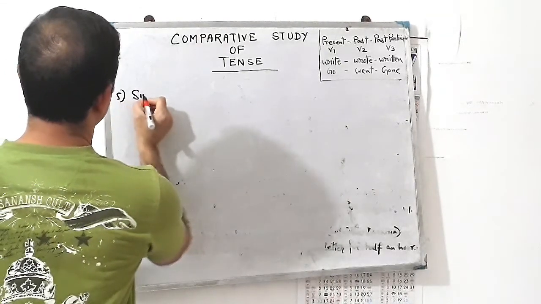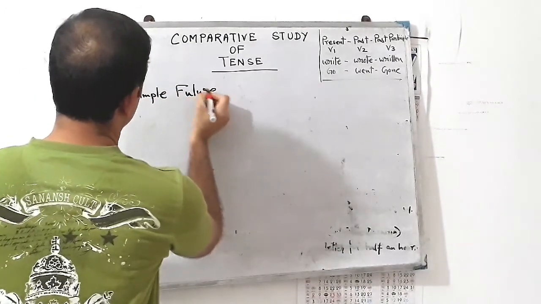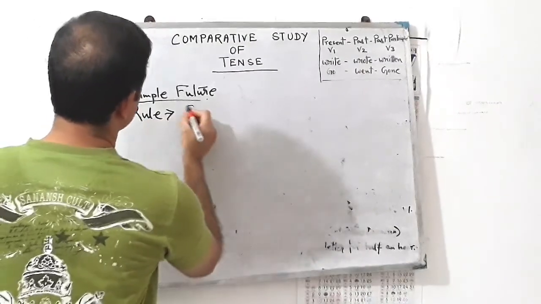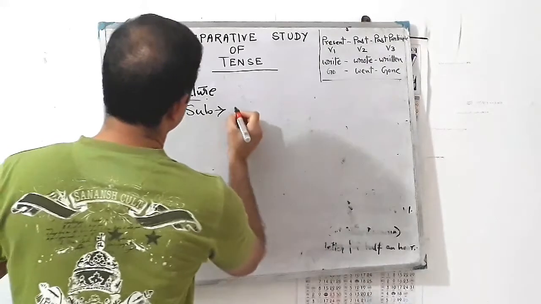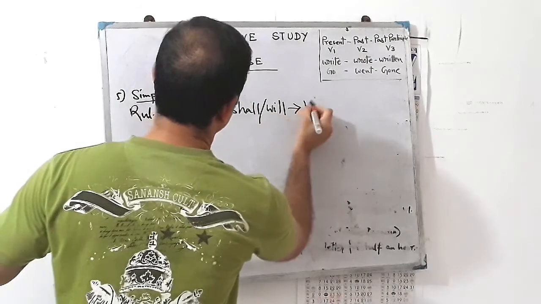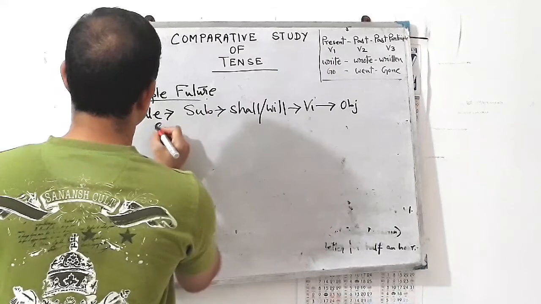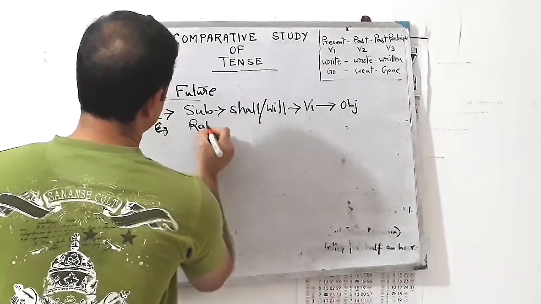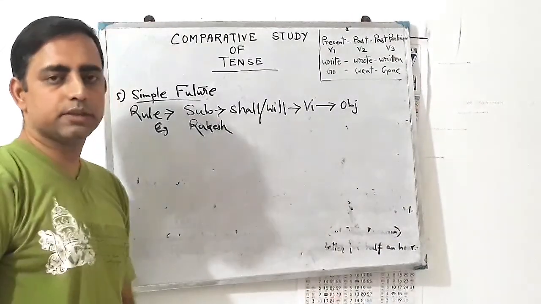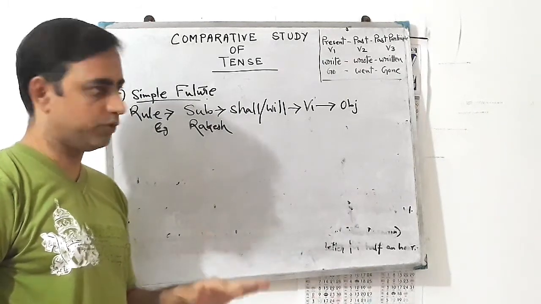It is simple future. The rule of simple future is subject, then shall or will, then V1, and then the object. The example is, let us take Rakesh as the subject. Then shall. Very often students ask when we should use shall or will.